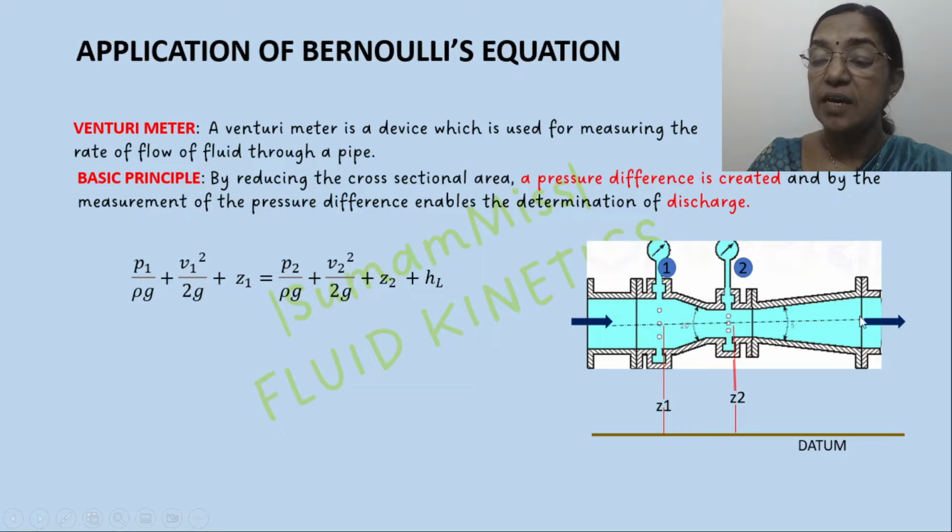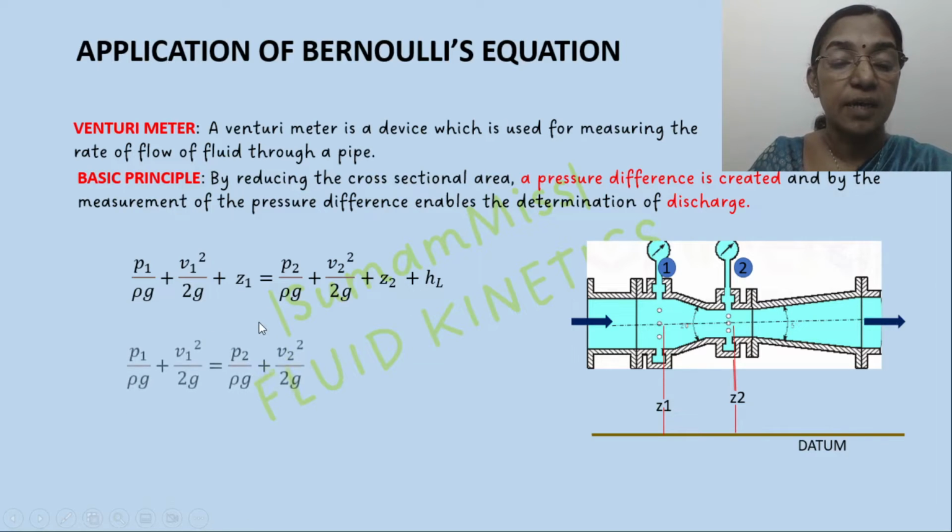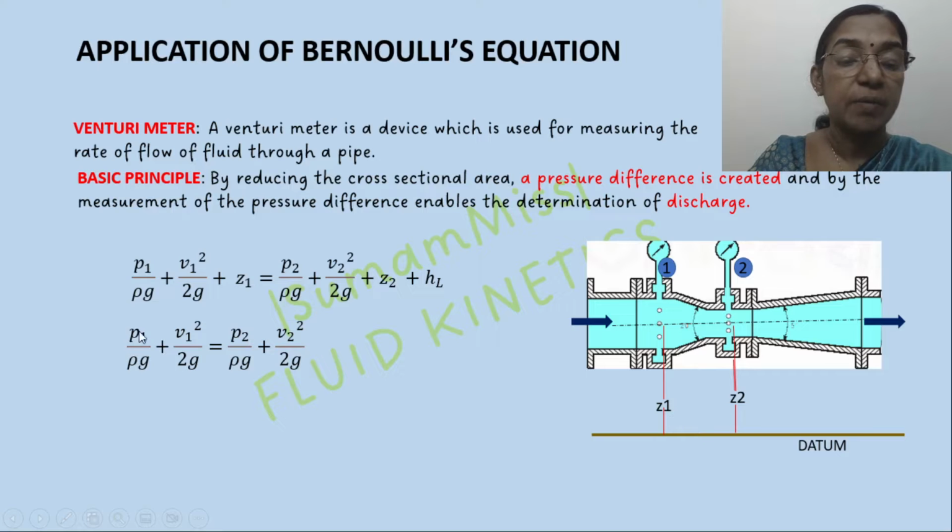Since this Venturimeter is laid horizontal, Z1 equals Z2, so the equation can be rewritten as P1 by rho g plus V1 square by 2g equals P2 by rho g plus V2 square by 2g. Since we neglect the losses between 1 and 2, HL can also be eliminated.